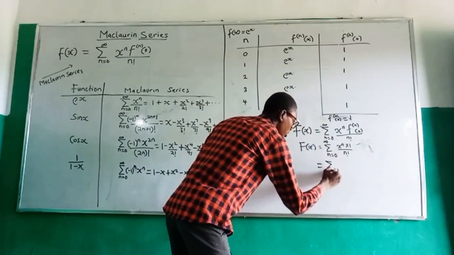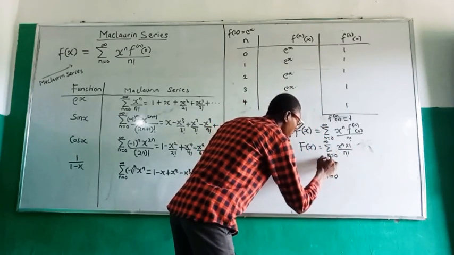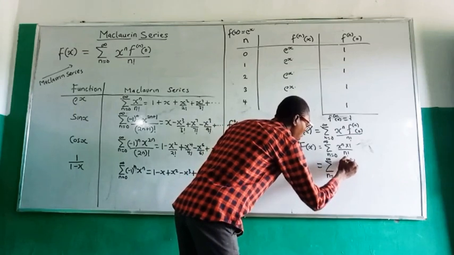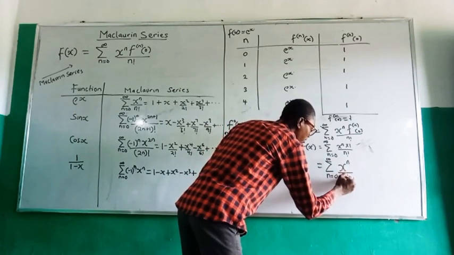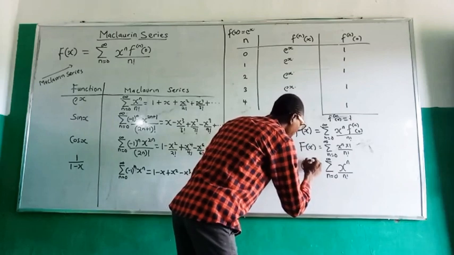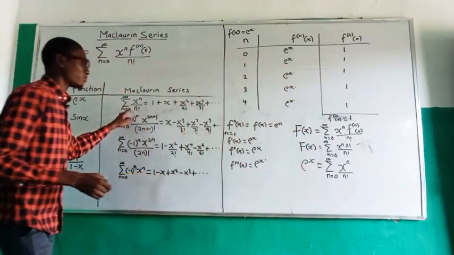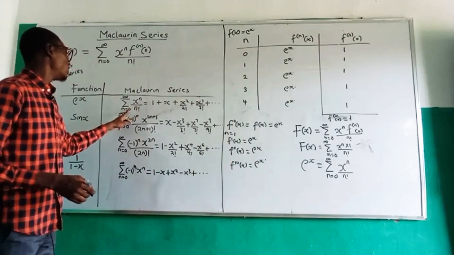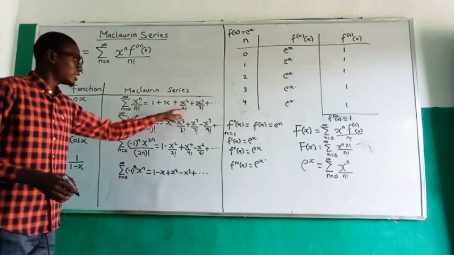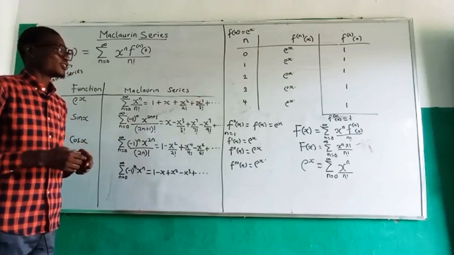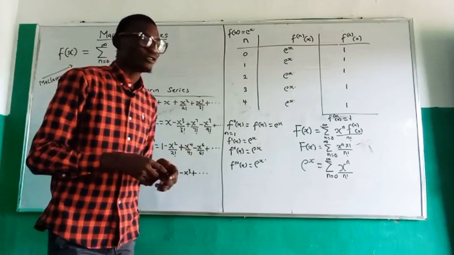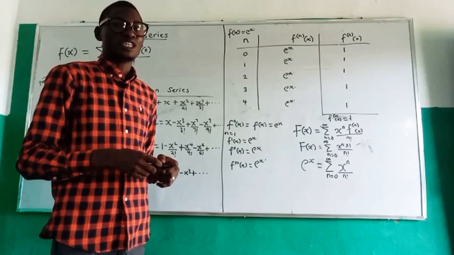That will be the summation n equals 0 to infinity of x raised to the power of n divided by n factorial. And this is the Maclaurin series of exponential x, which happens to be this. By the time we make substitution for the value for n, we are going to get this one. So that's the very simple method to use to solve for exponential x.